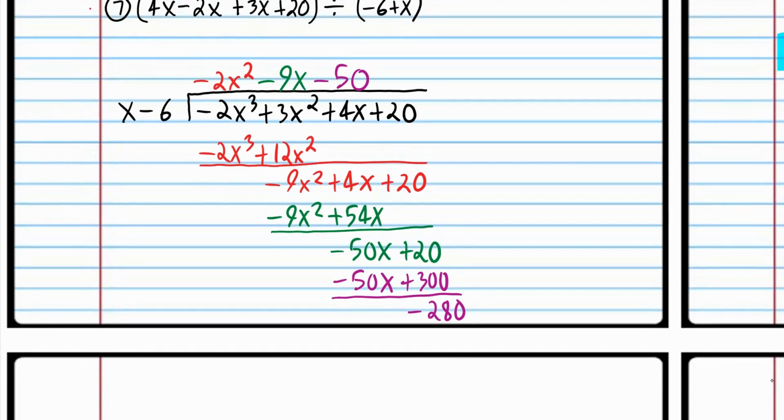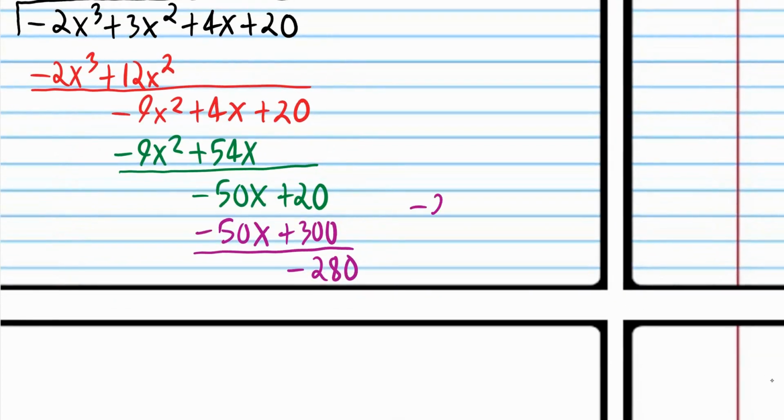Now, there's no more numbers to subtract from, but the real indication that we're done is that the degree of the remainder is lower than the degree of the divisor. Now, again, how do you know what the degree of negative 280 is? Because you don't have an exponent, you don't have a variable. Well, remember, you can write negative 280 as negative 280 x to the 0 power, because x to the 0 power is just 1.